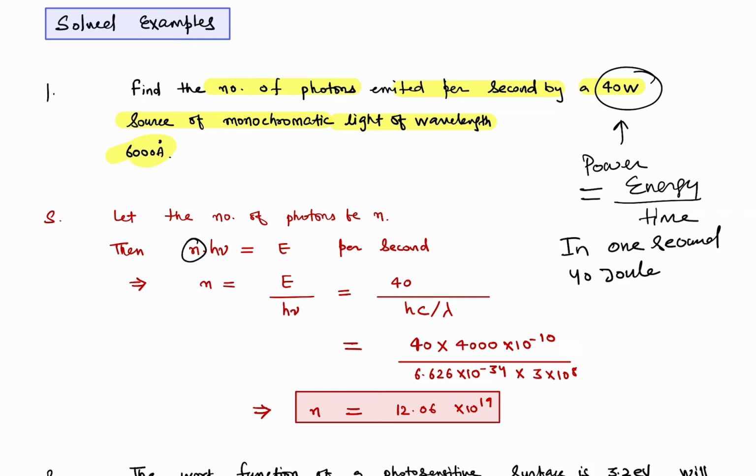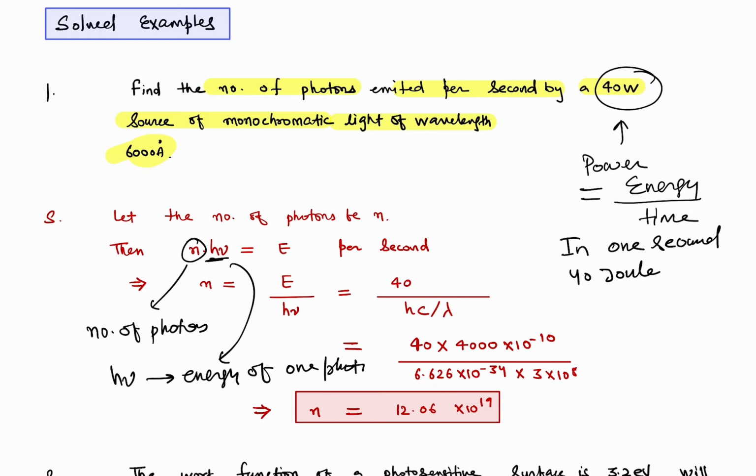There must be n number of photons, and n is multiplied with the energy of one photon. Number of photons times h nu, the energy of one photon, equals energy per second, which we calculated as 40 joule per second. So n is E upon h nu, where E is 40 joule, and h nu is hc upon lambda. When you put in all the values and do the calculation, you will get n to be 12.06 multiplied by 10 to the power plus 19.